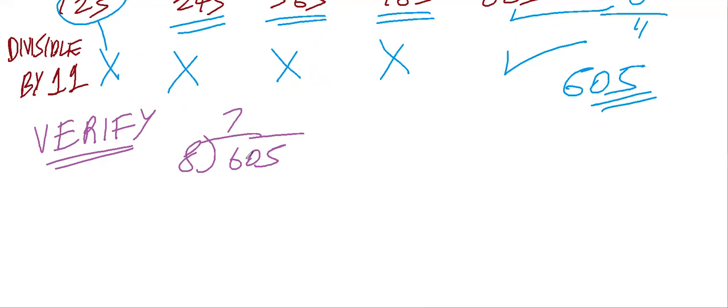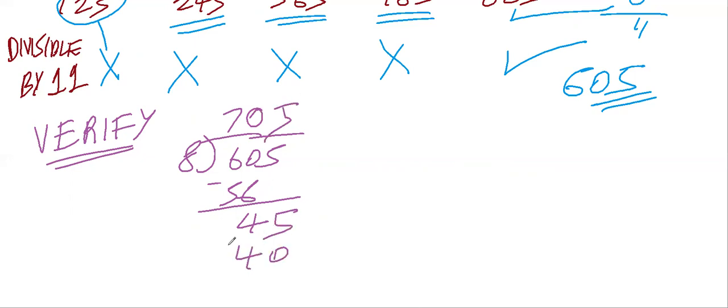First I will get only 4, which is not divisible, so I will write 0 and then bring down 5. Then 8 5s are 40. The remainder is 5, so it is matching.